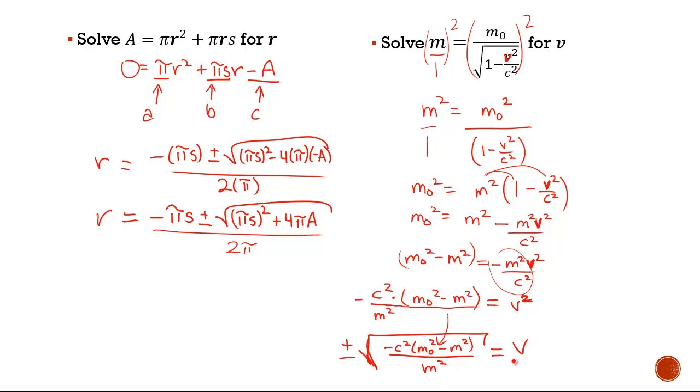So since we have this root here, let's play around with it a little bit. So it'll be plus or minus the root of negative c squared times m naught squared minus m squared, over m squared rooted, which will be m, and the plus minus is there, so it'll just affect it.